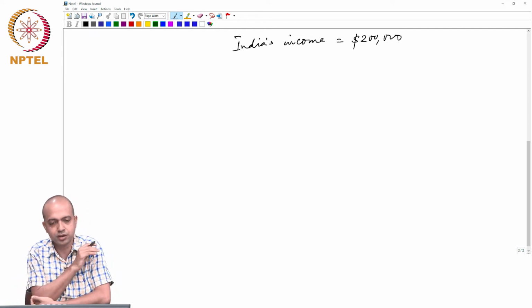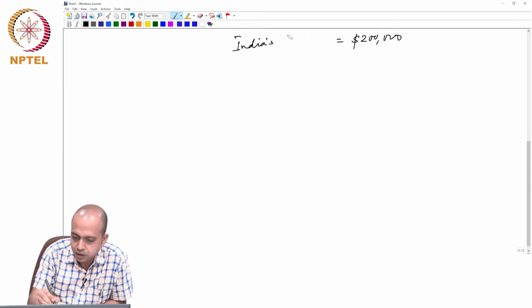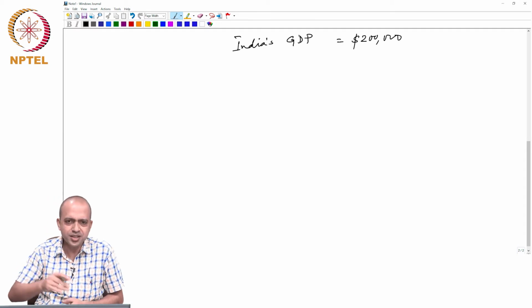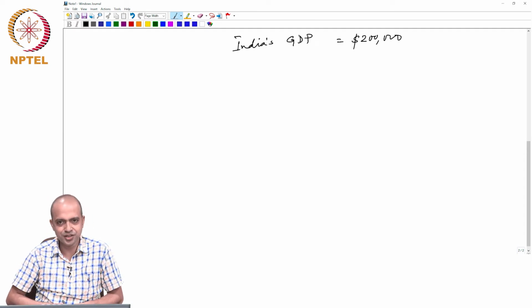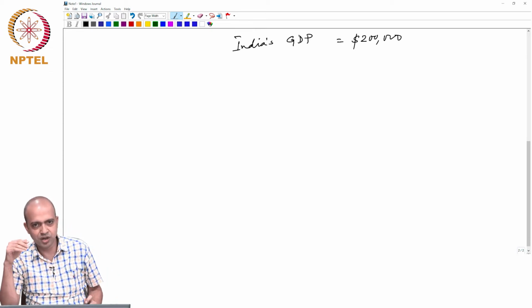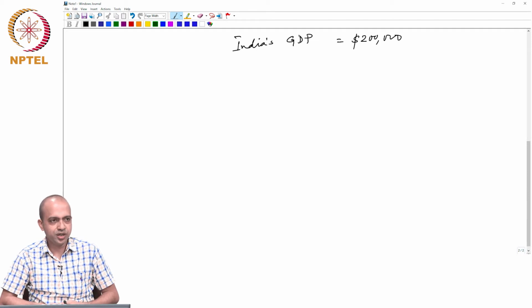Let us say India's GDP. What does it indicate? In every year, the finance ministry will report some figure: this year India's GDP is $200,000 billion. What does it mean actually?